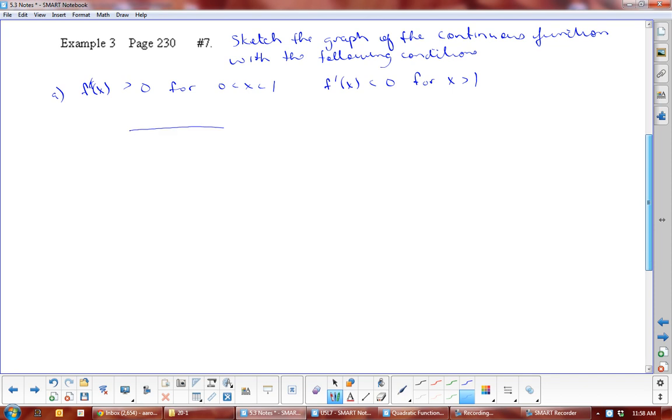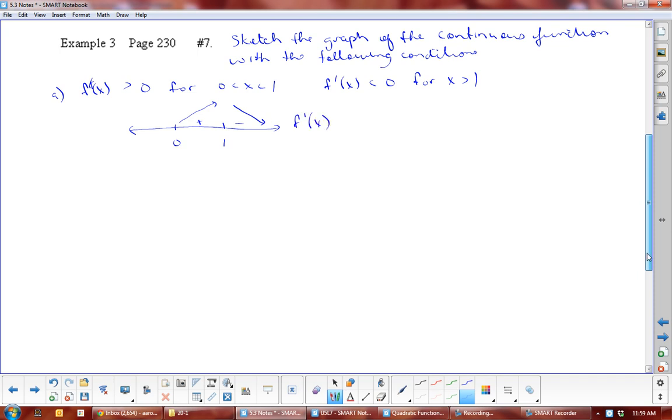Okay, so let's see what that means. From 0 to 1, it's greater than 0. It's positive. So that means it's increasing. And from 1 to infinity, it is negative. So it's decreasing.